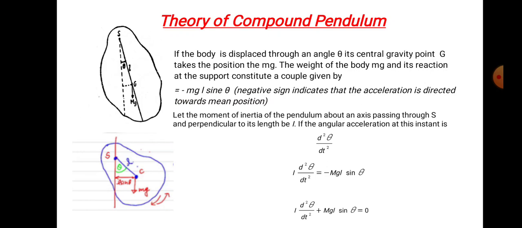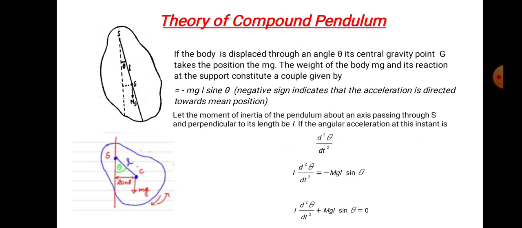The angular acceleration may be written as d square theta by dt square. The torque as the body moves from here to here is mgL sin theta.